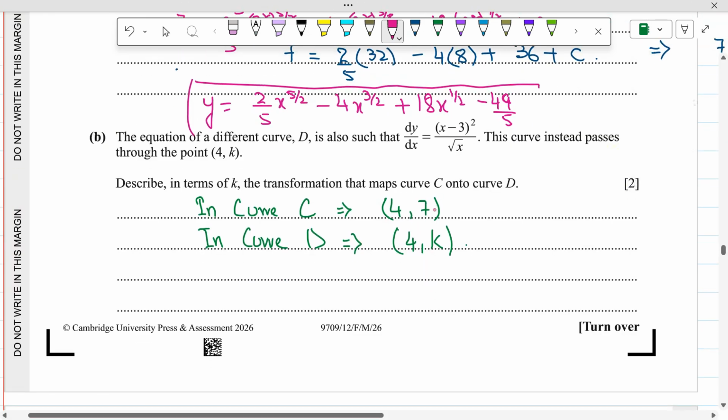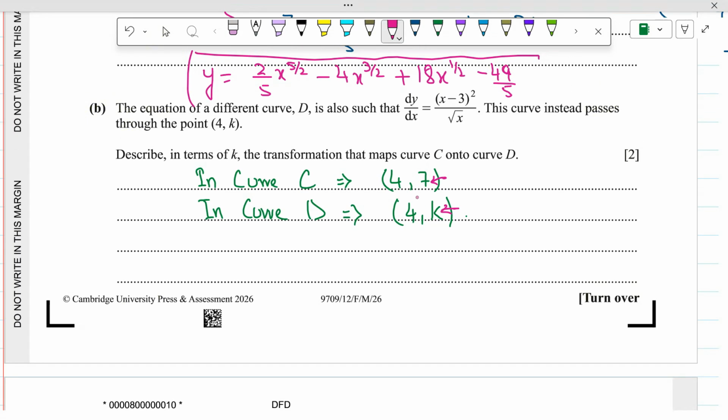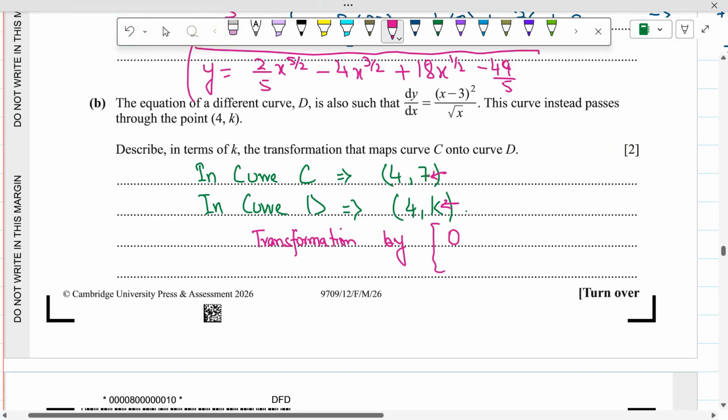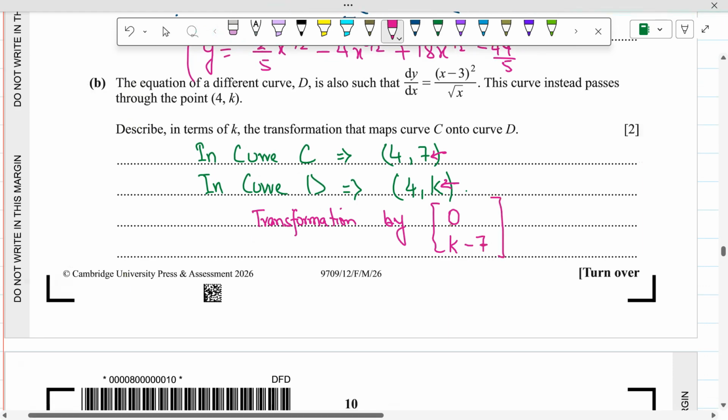You can see that previously it was 7, now it is k. So the transformation is only in the y axis. In the x direction there is no translation, so it is 0, and in the y axis it was 7, now it is k, so it should be k minus 7. So this is a translation vector.